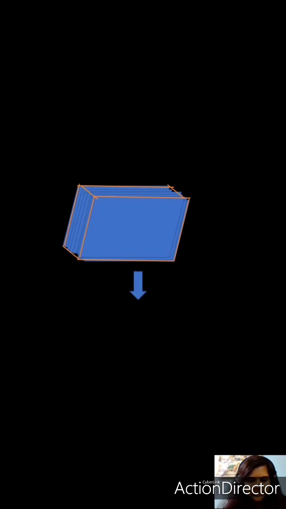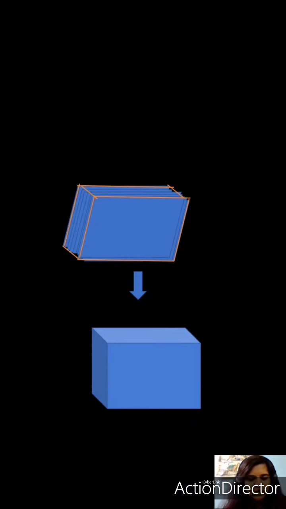Similarly, what will happen if we combine lots of planes all together? Here we are seeing that after combining lots of planes all together, we are getting a solid structure, and this structure is nothing but a cuboid. We all have studied that the cuboid has length, breadth and height.